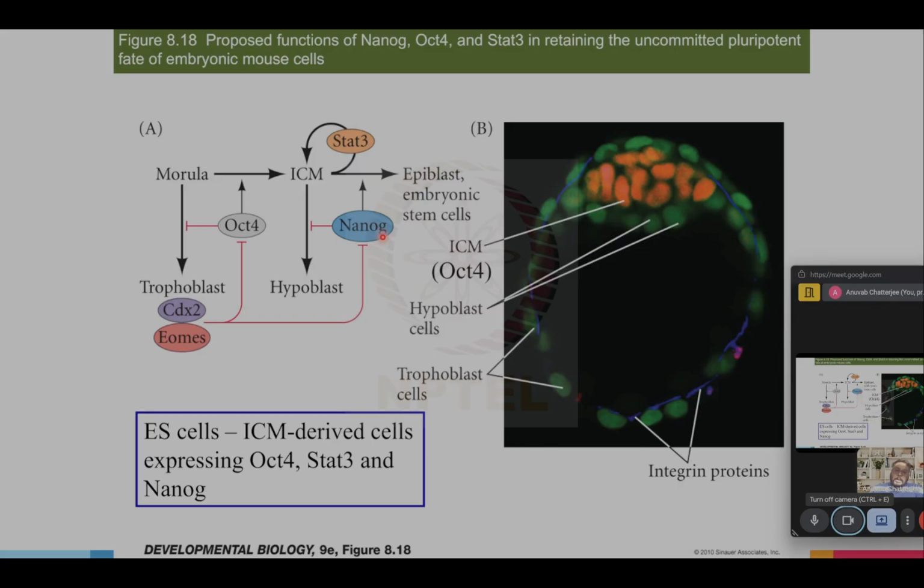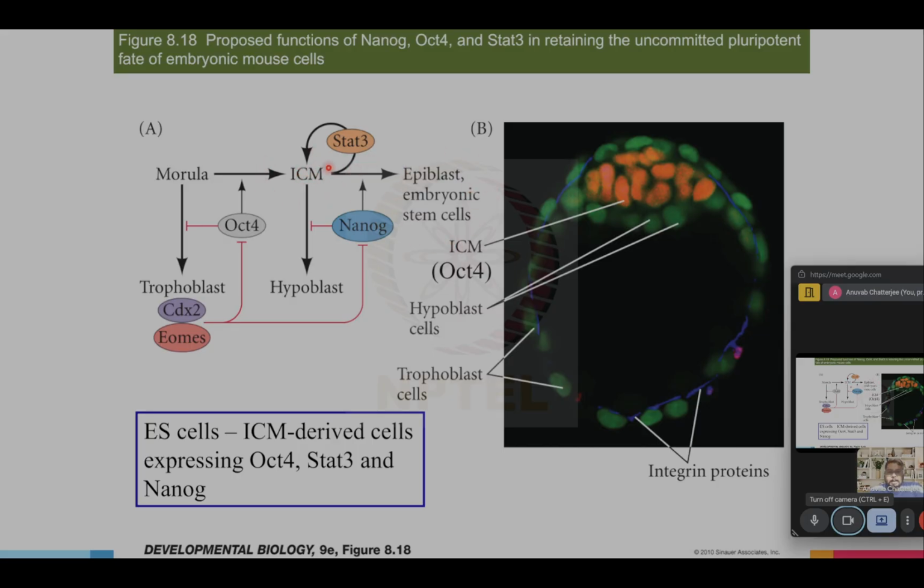OCT4 and NANOG actually are present in the inner cell mass along with STAT3, which continues to increase more and more in a positive feedback loop, and these genes OCT4, NANOG and STAT3 maintain the stemness of the ICM cells, which later on give rise to epiblast and embryonic stem cells, everything else.